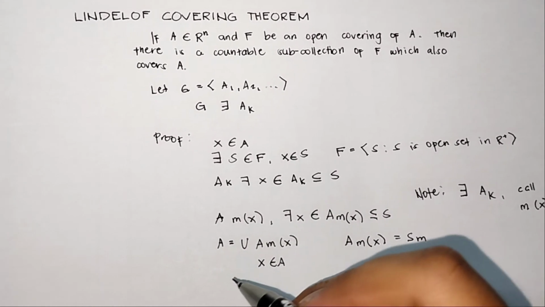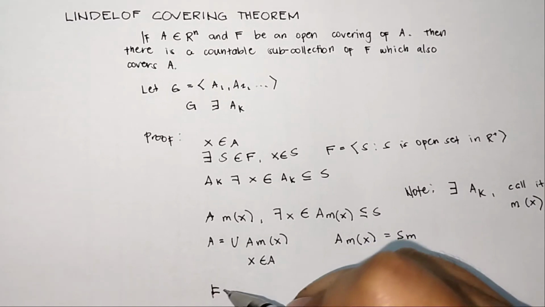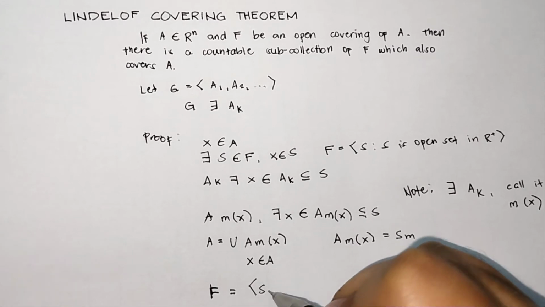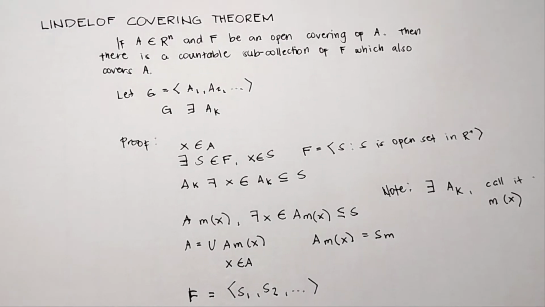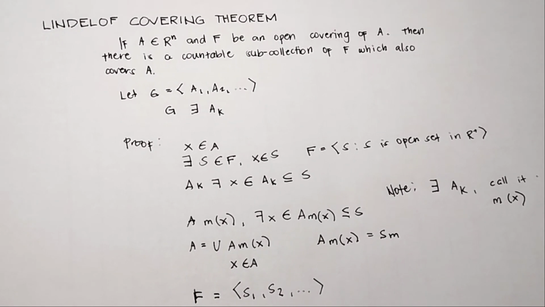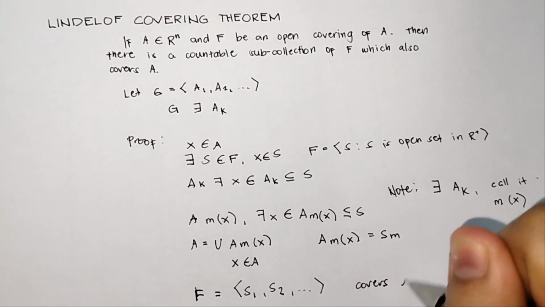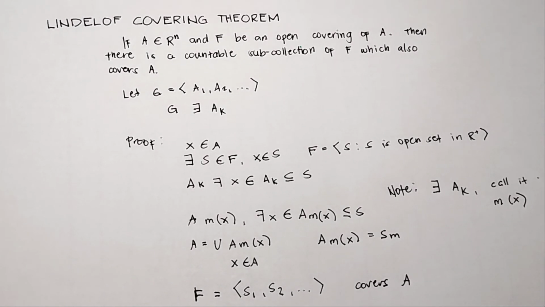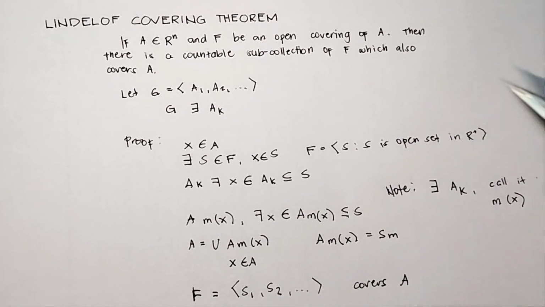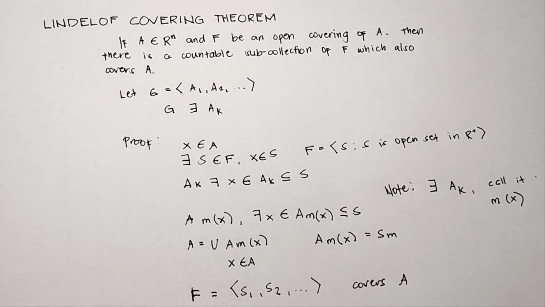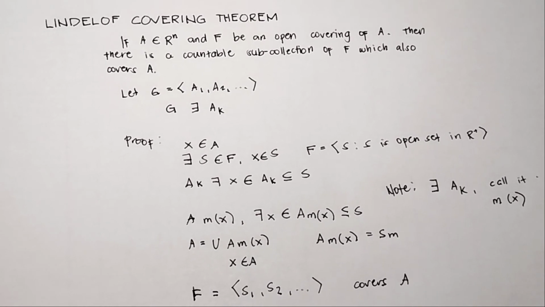So now the subcollection of F is obviously S sub 1, S sub 2, infinitely many, just like G. So this covers A, because S_1, S_2 exist since it's a subcollection of F. Also, we can write it like this, S_1, S_2, infinitely many.